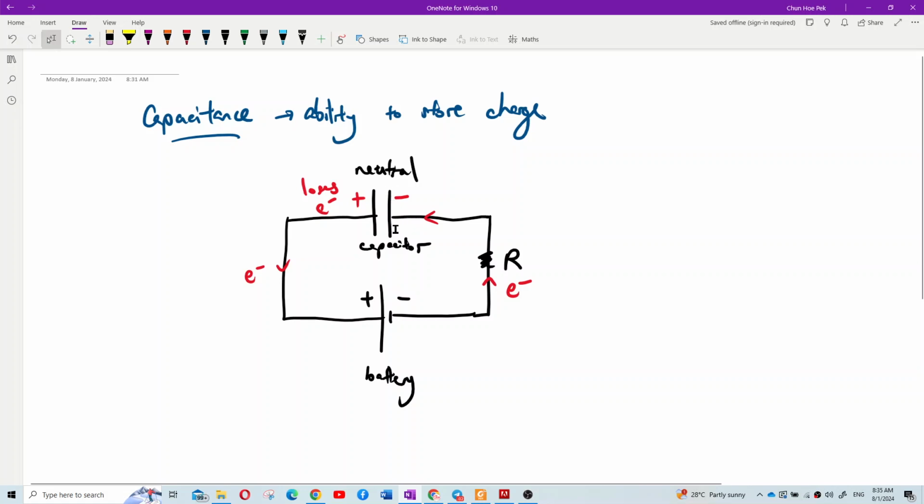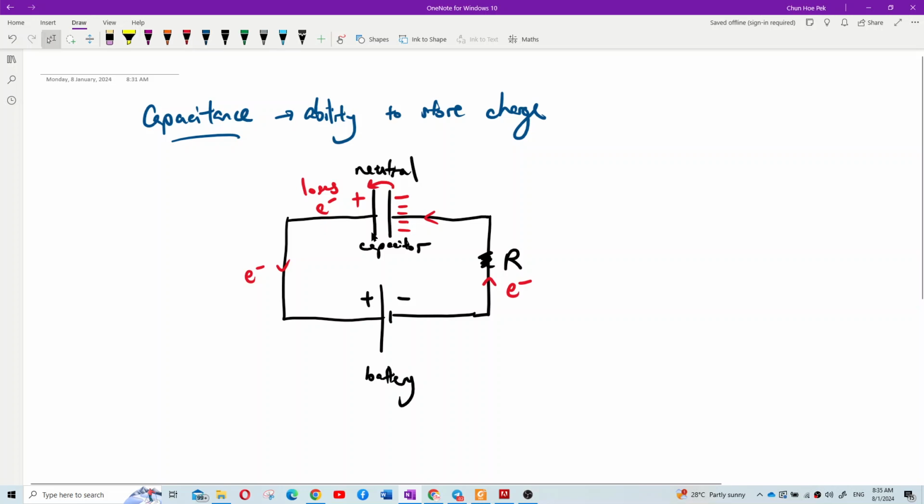But why, class, can the electron not flow across the parallel plate? Why can the electrons not cross the air gap between them to discharge the positive plate?